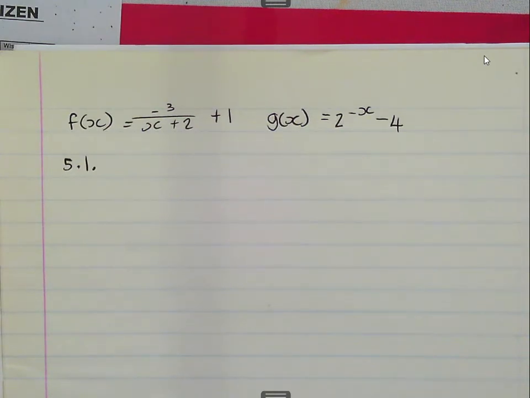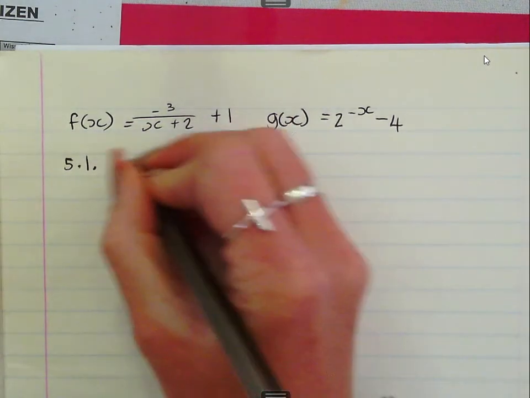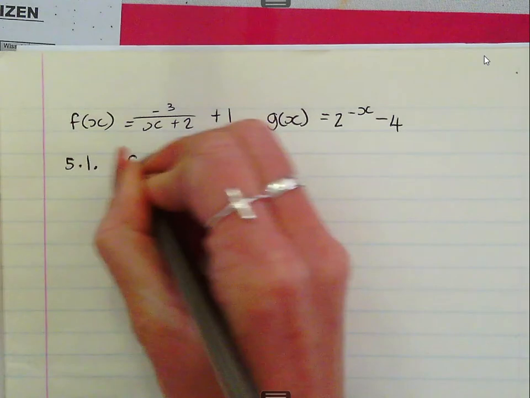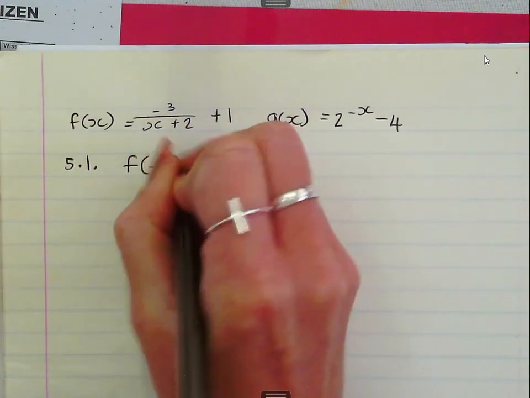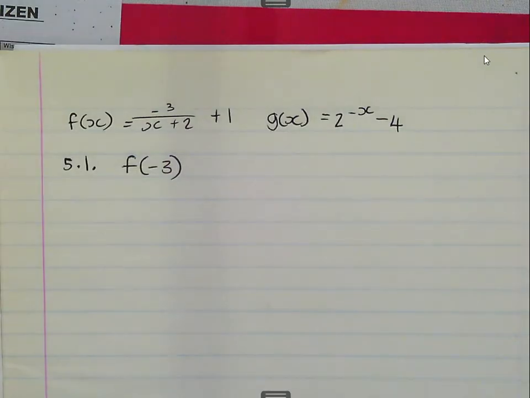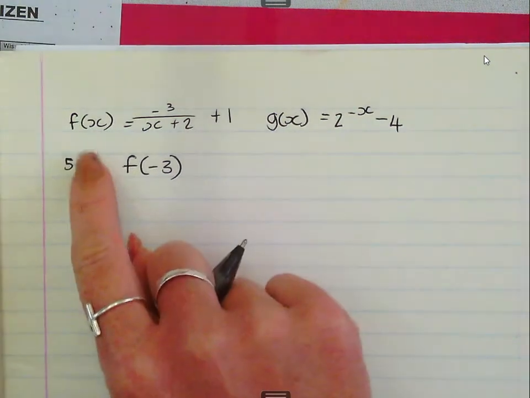Okay, question 5.1. They're asking to determine f of negative 3. Put up your hands and tell me what I must do to calculate f of negative 3. With that function, no?